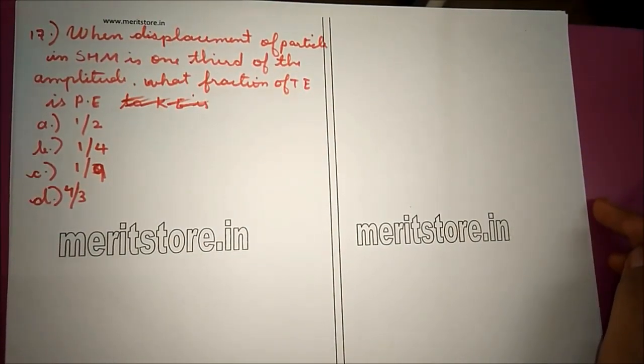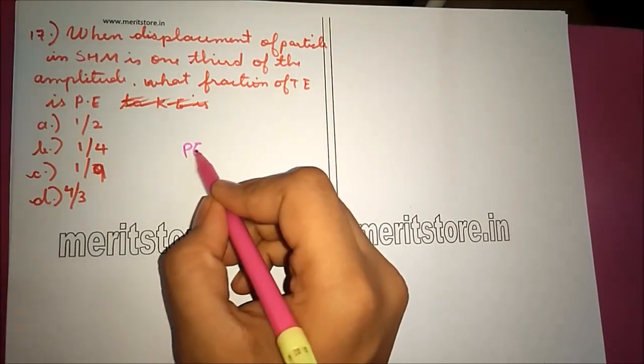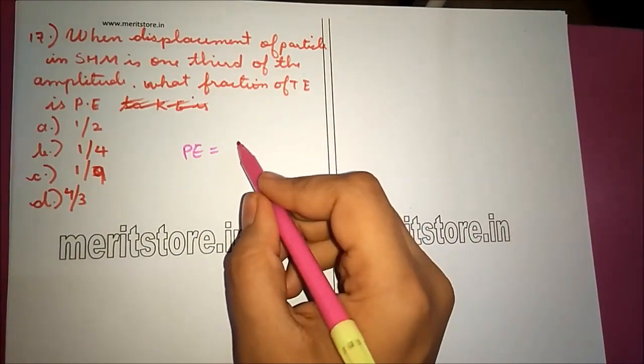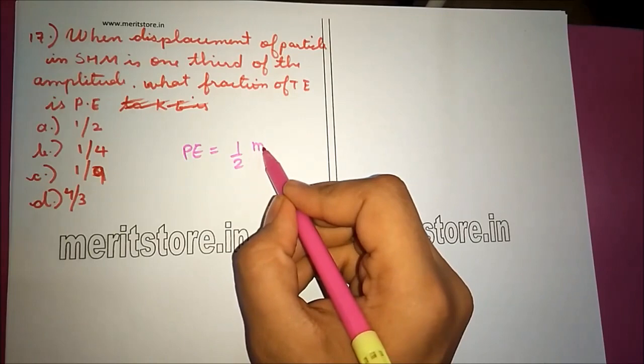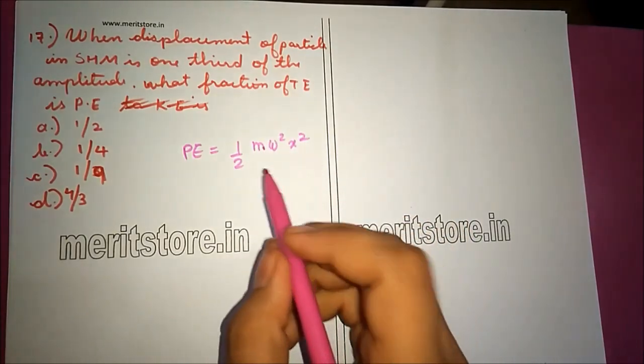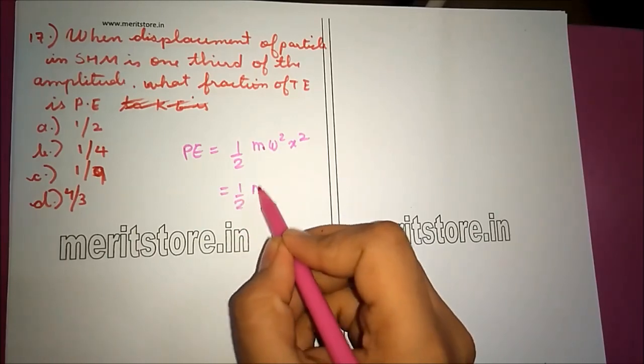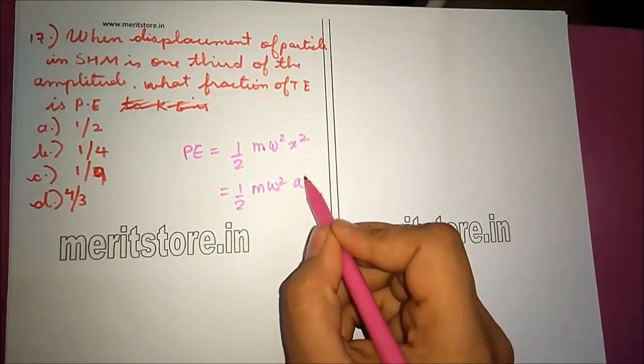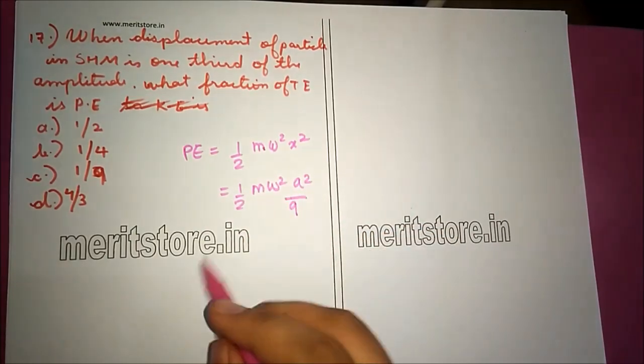Question 17. When displacement of particle in SHM is 1/3 of the amplitude, what fraction of TE is PE? So we know PE is equal to 1 by 2 m omega square x square, which is equal to half m omega square a square by 9.